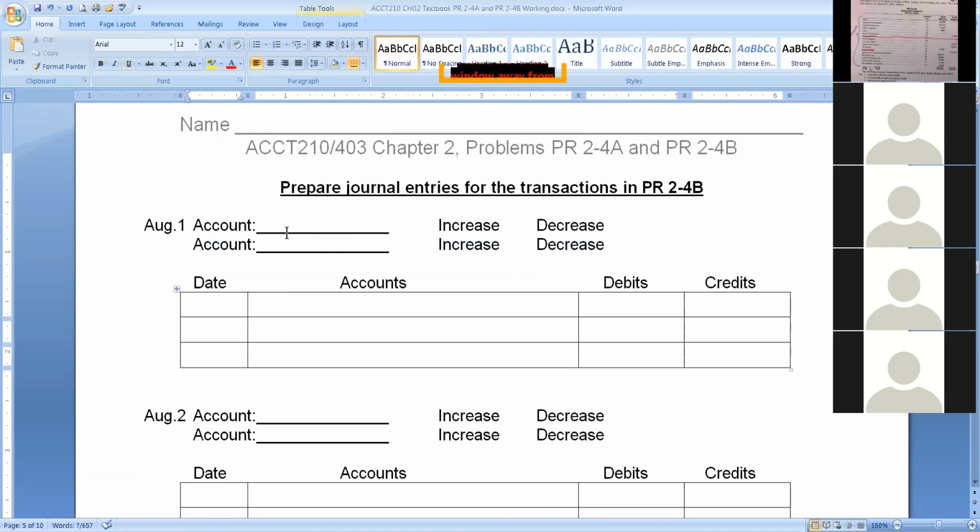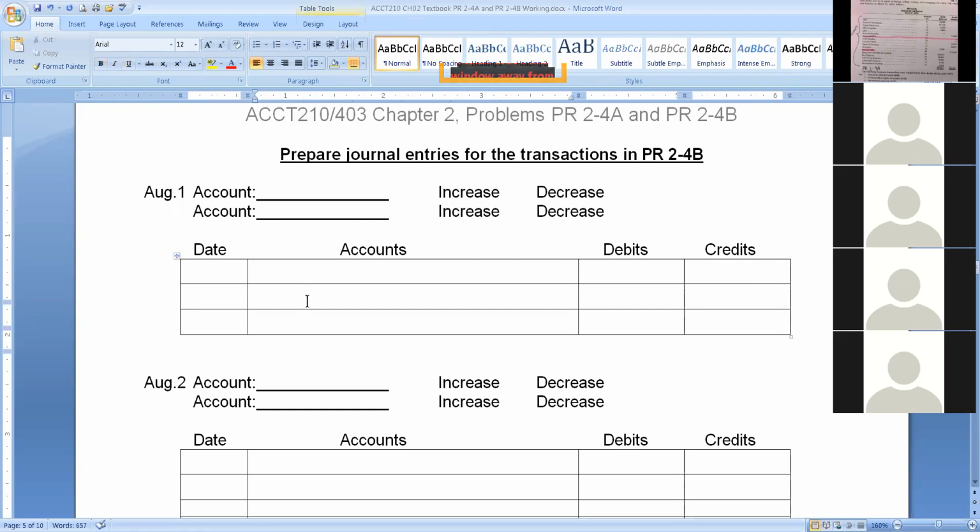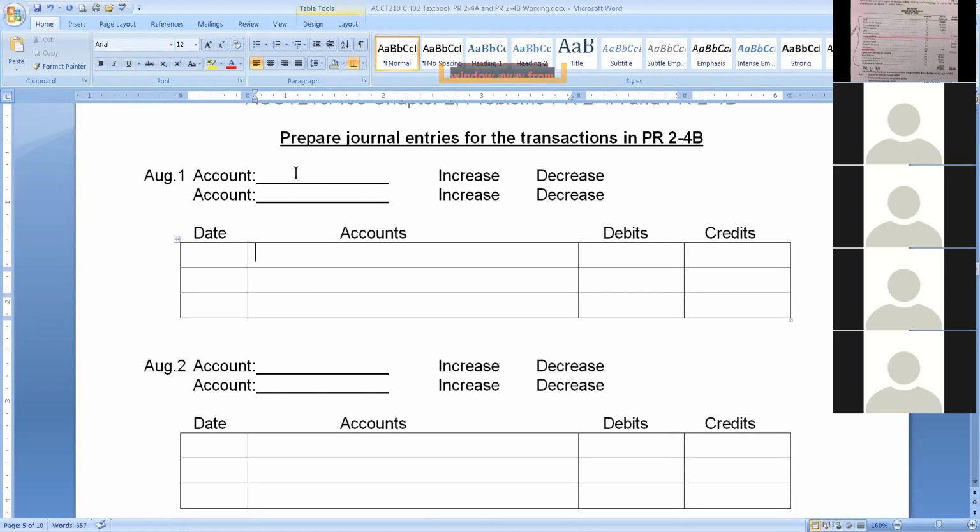But I keep putting them up because to me it's easier sometimes to figure out whether they're increasing or decreasing and then put it in the journal entry. It's kind of a two-step process. What account is it, and then what's it doing, then do the journal entry.